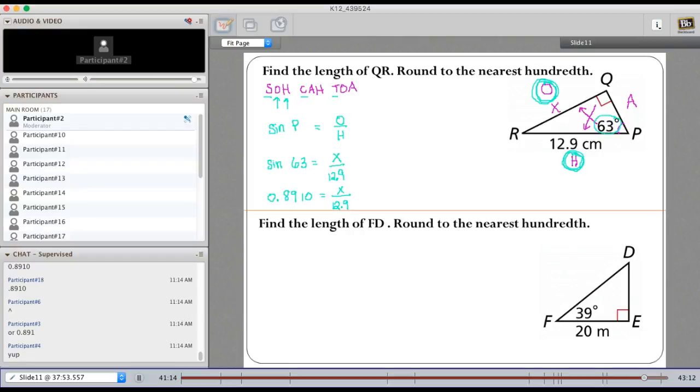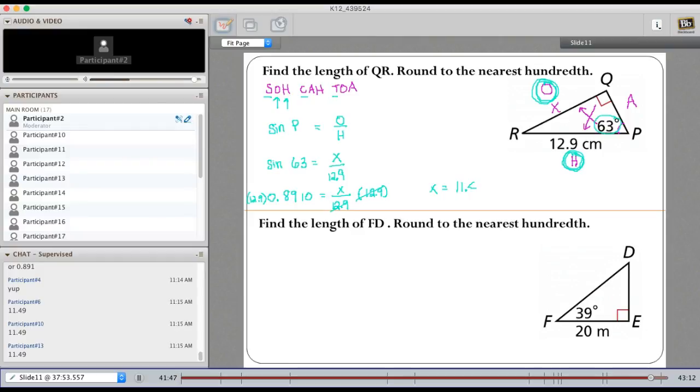Algebra 1. So I want to solve for x. That means I want to multiply by 12.9, or I'll put parentheses instead of the dot. And so you're going to take 0.8910 and multiply by 12.9, and that's your answer. So what do you get? 11.49.